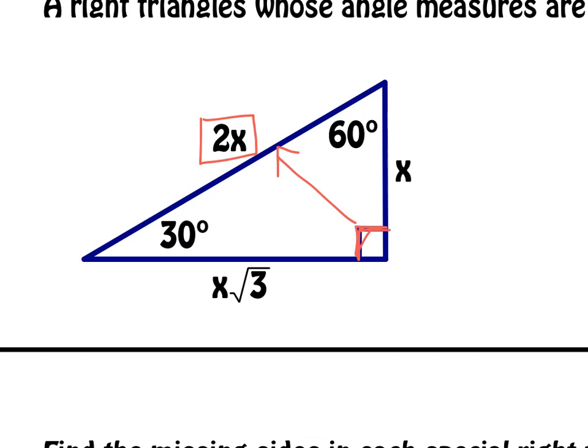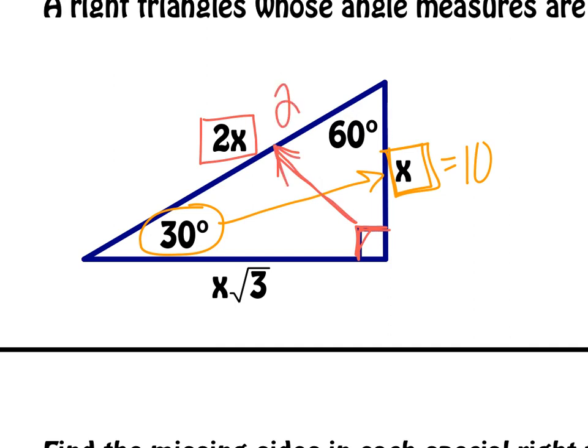The side that is across from the 30 degree angle is x. So let's pretend that this side length here was 10. If x is 10, that means the side across from the 90 degree angle has to be 2 times 10, which is 20.